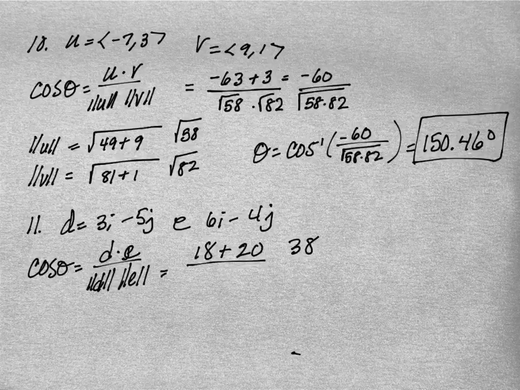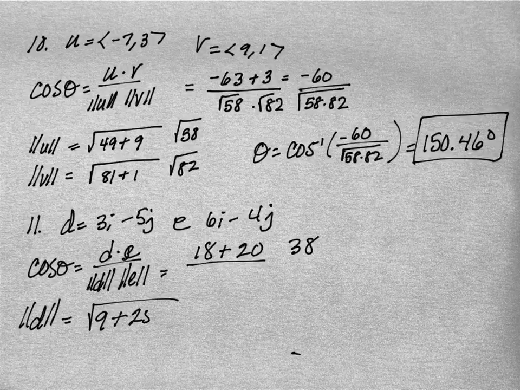And the magnitude of D is equal to the square root of 3 times 3 is 9, and negative 5 times negative 5 is 25. So that's the square root of 34.